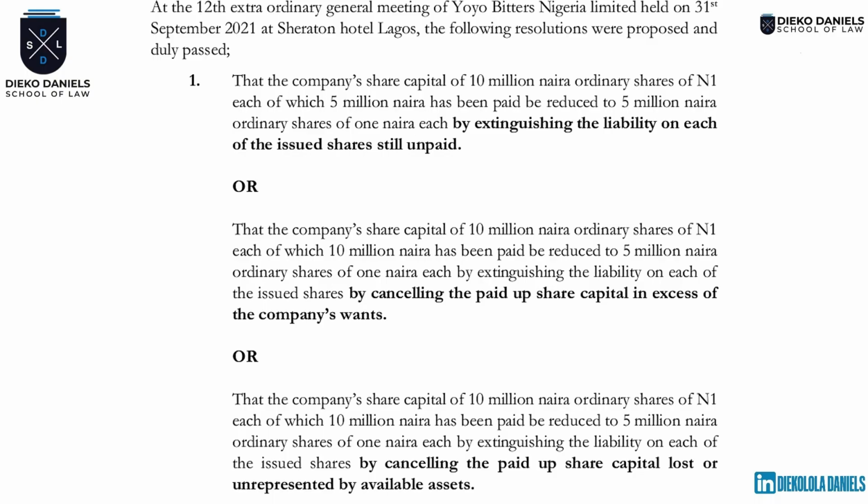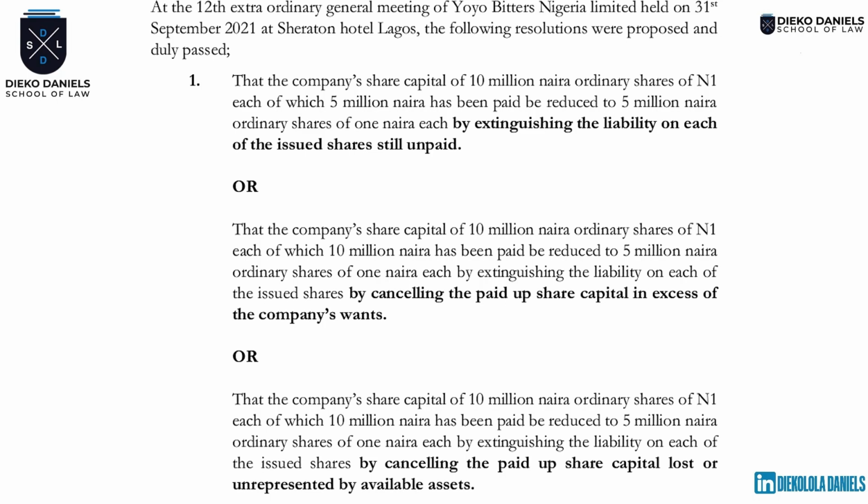Now, before we go into this and I teach you the draft of what I'm trying to say exactly, when you are reading your question in the exam, you have to know which of the three ways they want to reduce the share capital. Are they reducing the share capital because it is unpaid?